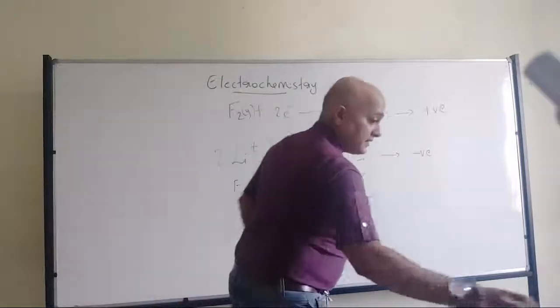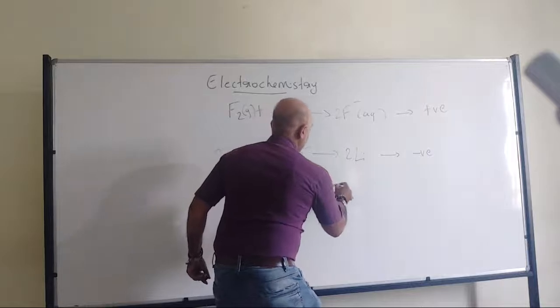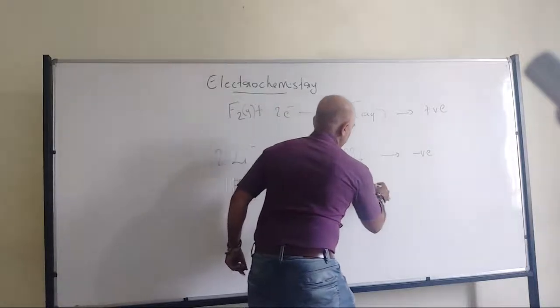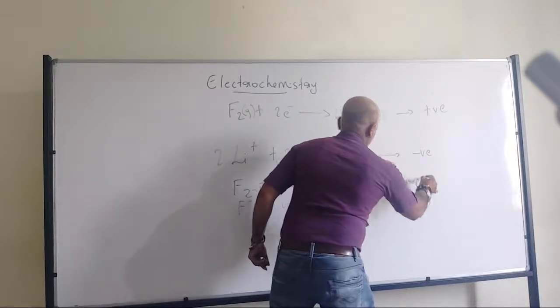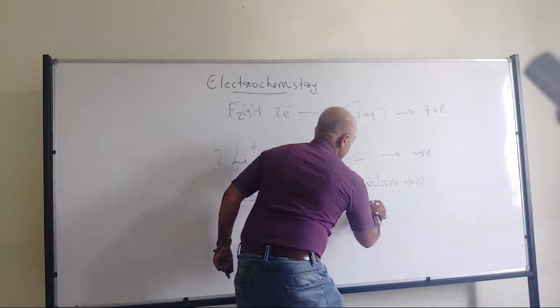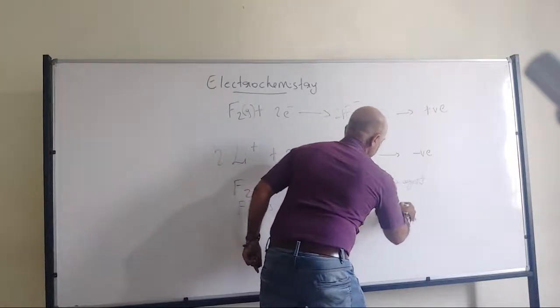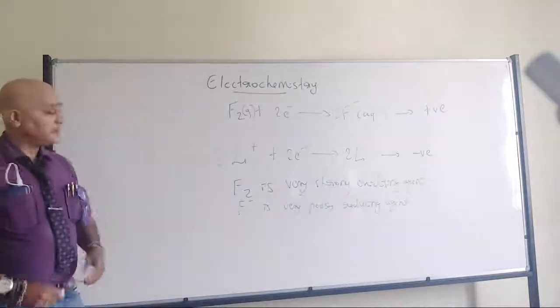Fluorine is a very strong oxidizing agent. Sorry, I was writing it reversed. Fluorine is a very strong oxidizing agent, and fluoride is a very poor reducing agent. All of you got the point here?